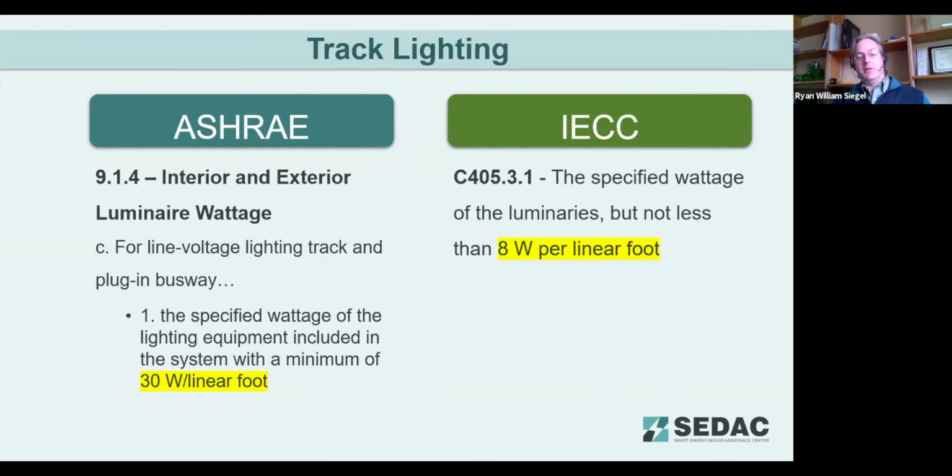So if I have an 8-foot track, that's automatically 240 watts of connected power, or whatever the fixtures are, whichever is greater. IECC has said, we're going to call it 8 watts per foot, or whatever's connected to it, whichever's greater. So again, that 8-foot track would be 240 watts in ASHRAE versus 64 watts in IECC.